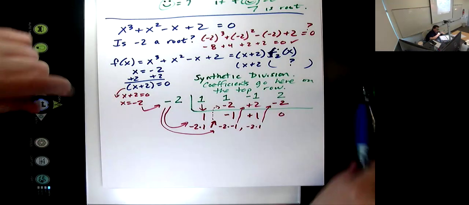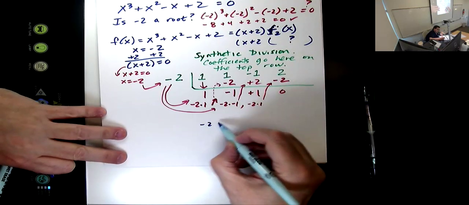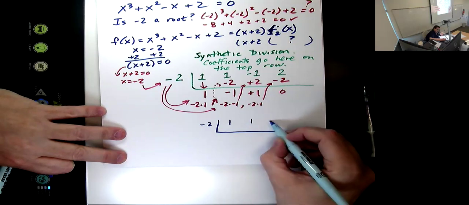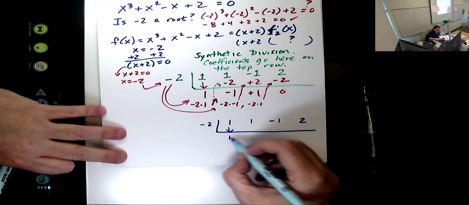Now I'm going to rewrite this without all the arrows showing what's going on, because this is how you would normally see it when you do it. You're probably not going to do the arrows, other than the first arrow is always pretty handy.